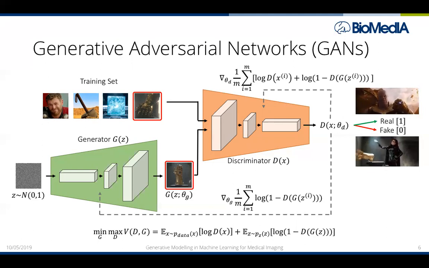But simultaneously, we're minimizing this term with respect to the generator. So the generator is trying to generate an image that the discriminator will get wrong. All in all, this is a min-max game between the discriminator and the generator, which can make training GANs quite difficult because it is very likely to fall into a local minimum.